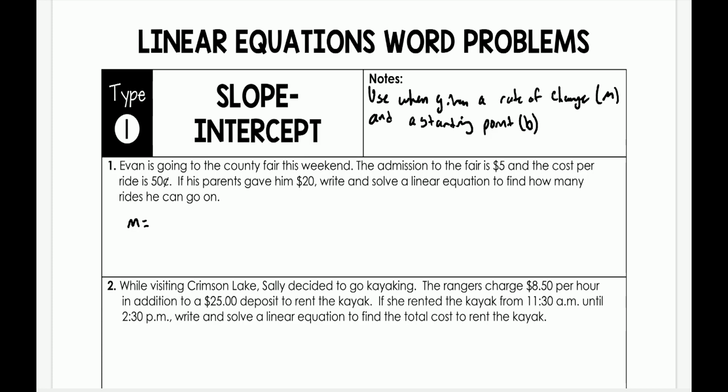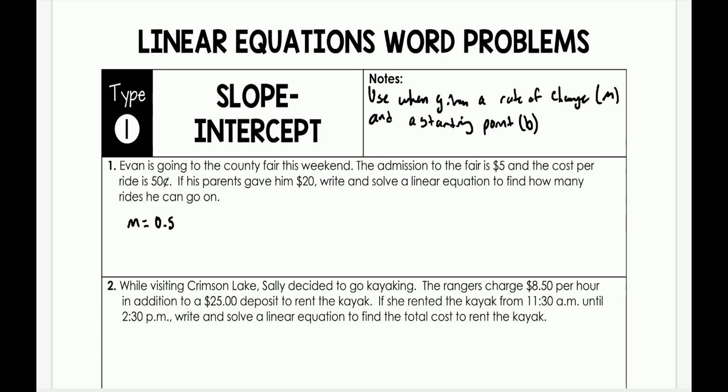That right there gives us the information that we need to determine what M is and what B is. So M is the rate of change, and if we read, we have cost per ride is 50 cents. So M would be 50 cents, or in other words, 0.5.